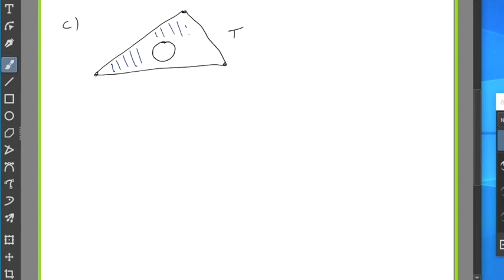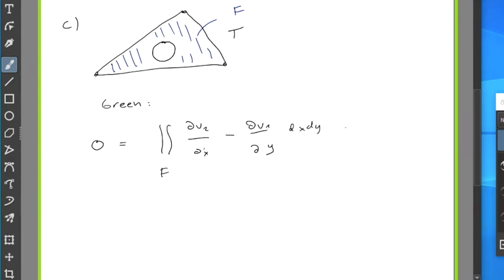If we call the area in between the circle and the triangle, say, F, the Green theorem tells us that the integral of dv2 dx minus dv1 dy, if we integrate that expression over F, we get the same thing as the line integral of v along the boundary of F. That's then equal to 0 because of the A task.